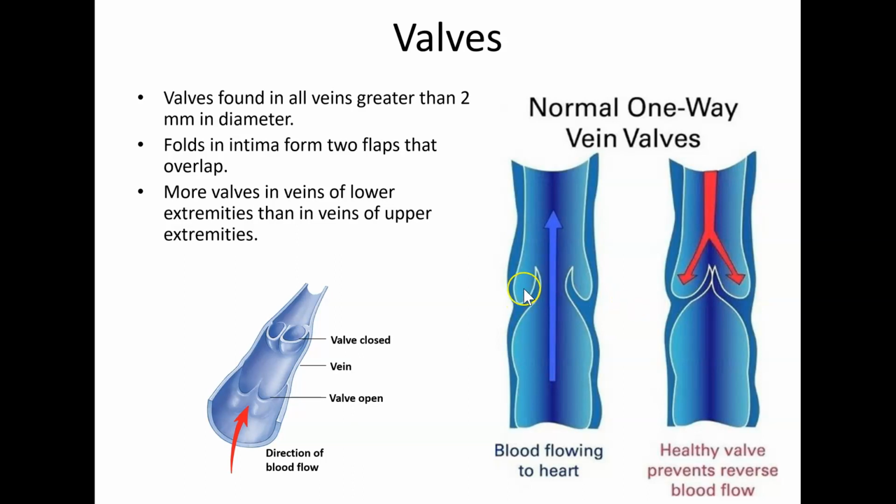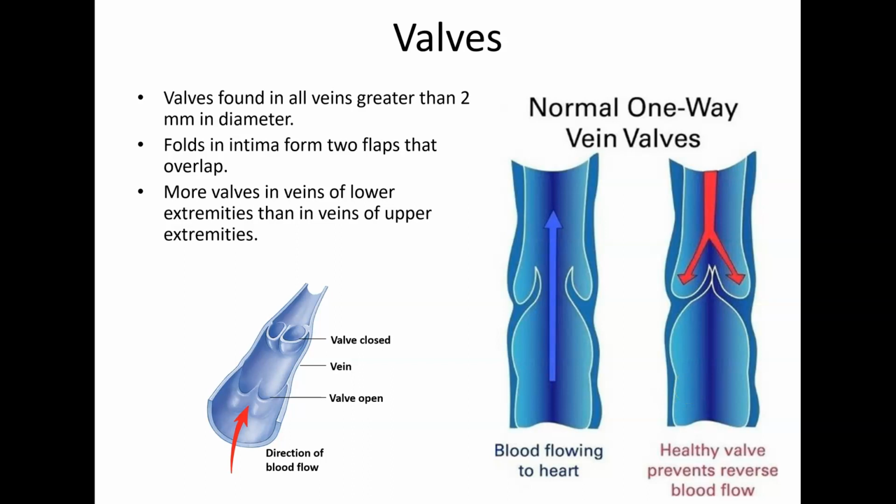The valves are made up of tunica intima, and they're just 2 flaps that are going to overlap so that as the blood moves through the vein, if it ever tries to go backward, the flaps of the valve are there in order to catch the blood, and that closes up the valve. So that in our lower extremity, we can always fight gravity by being able to move the blood through and stop it from moving back down to our feet.